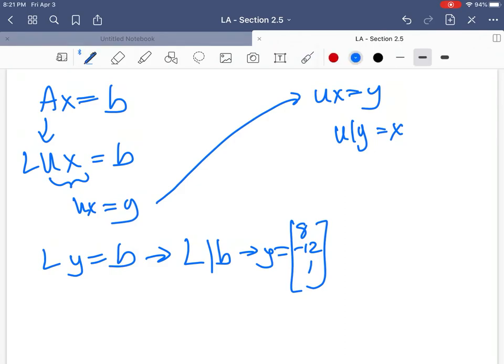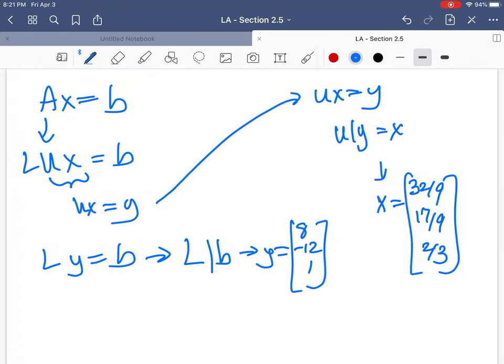I end up getting x equals, this one's ugly, 32 over 9, 17 over 9, and 2/3. So you're solving AX equals B without finding the inverse and all the annoying operations that come with it.